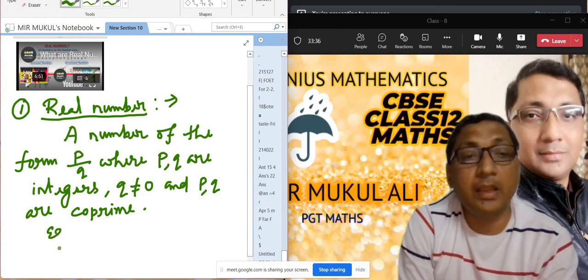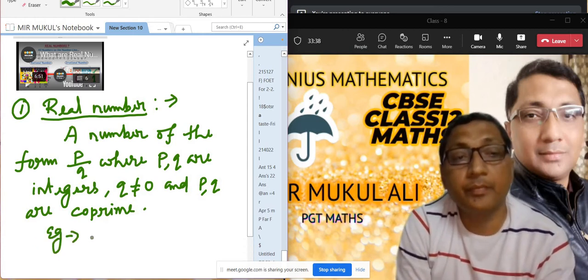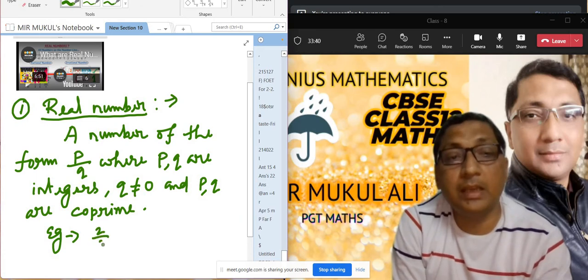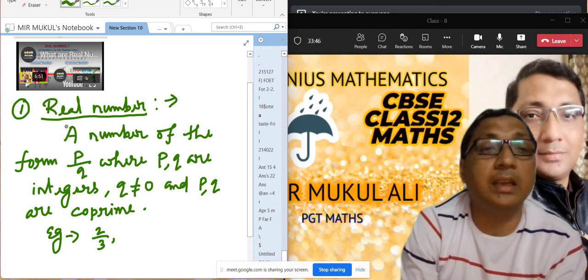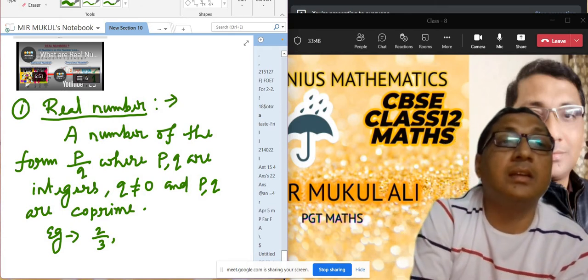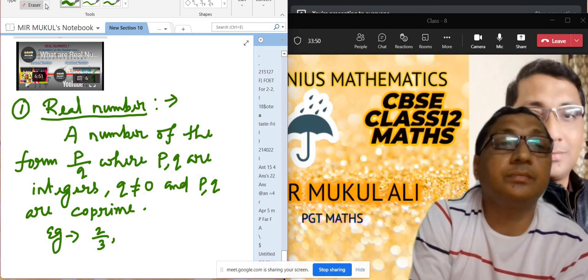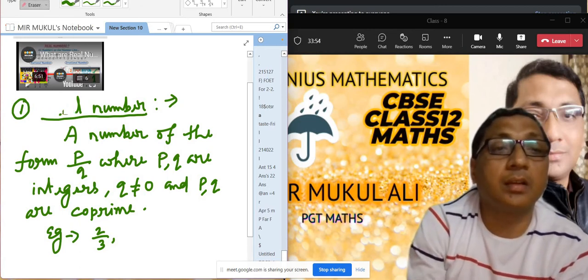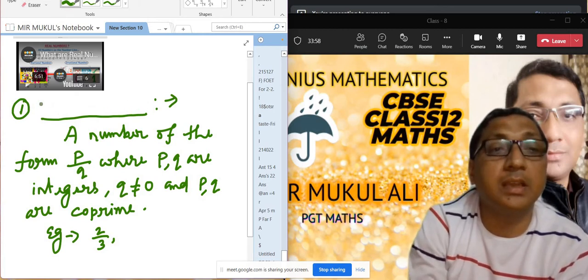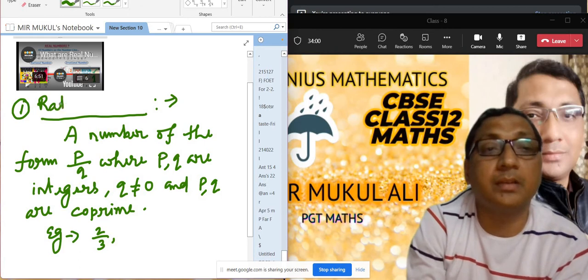Okay, like example 2 by 3. Sorry, here write not real numbers. This is rational number definition. Here give rational number.